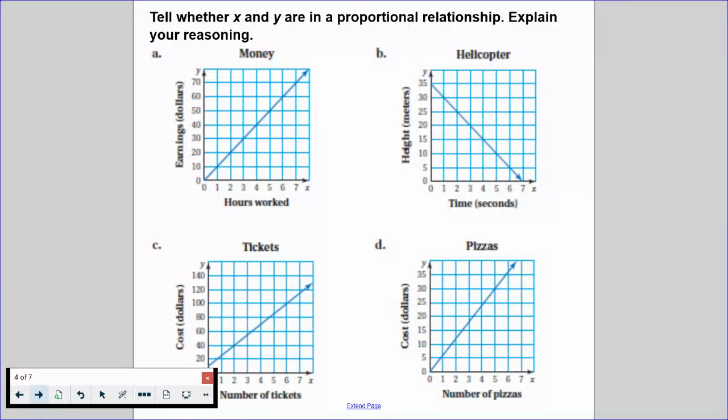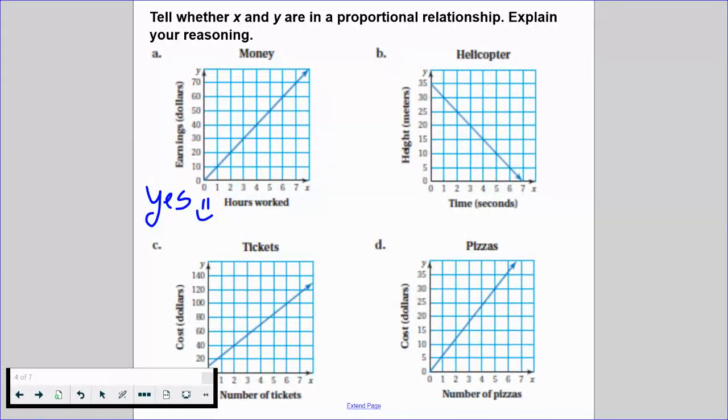All right, so hopefully you attempted A, B, C, and D. Let's talk about A. We're talking about money, right? The main idea is money. And we have our y-axis that represents earnings in dollars, and the x-axis is hours worked. Does this go through the origin? Yes, it does. So A is a proportional relationship.